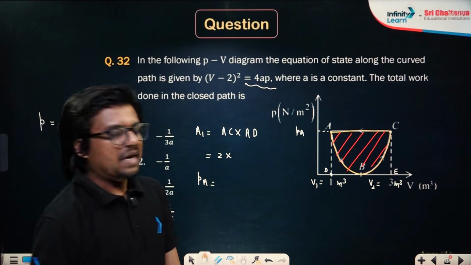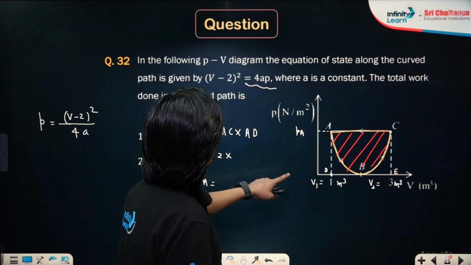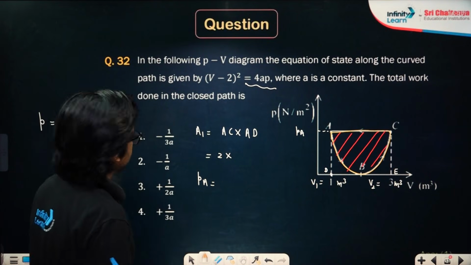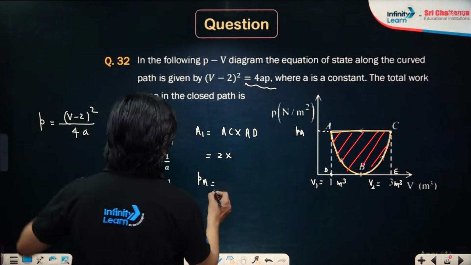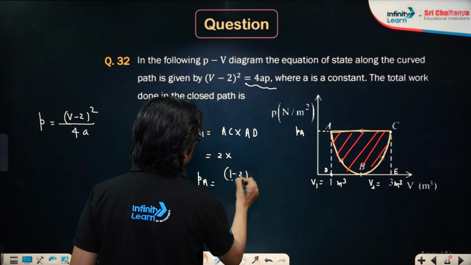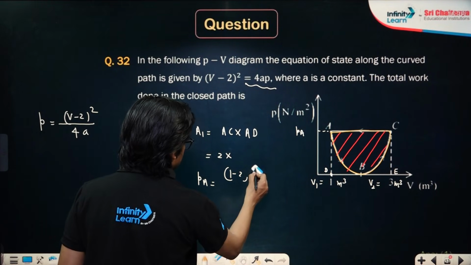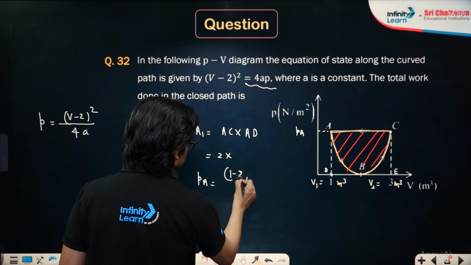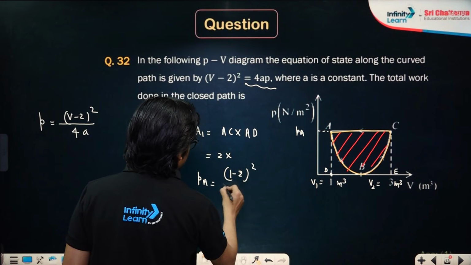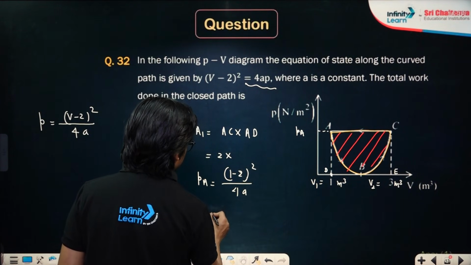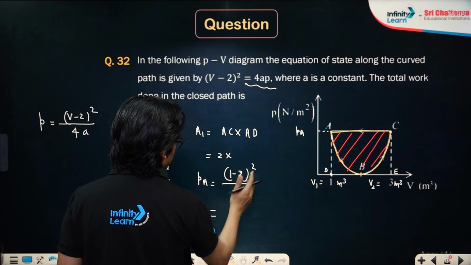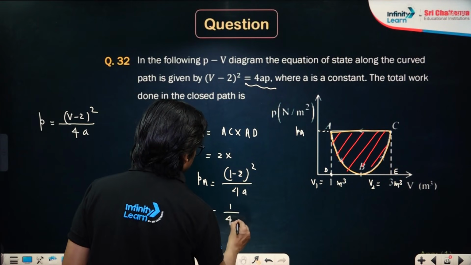Pressure at A, you put V equal to 1 meter cube here. So pressure at A is (1 minus 2) whole square divided by 4a, and this comes out to be (minus 1) square, that is 1 by 4a.